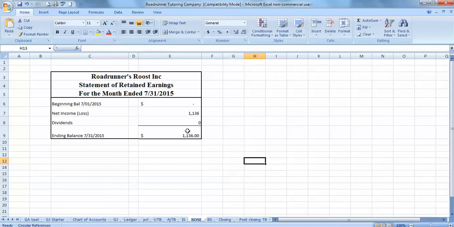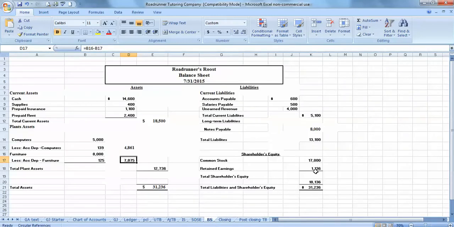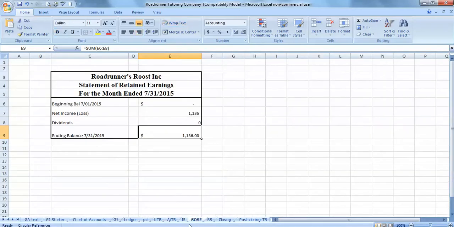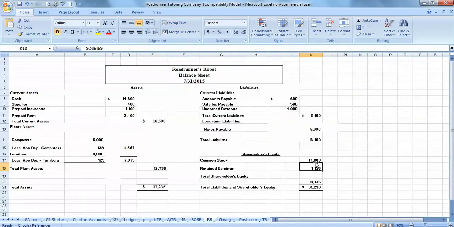So once we've prepared the retained earnings, we've moved the retained earnings over to the shareholders' equity of the balance sheet, which I have said the balance sheet houses permanent accounts. So in a sense, or in the actual situation, retained earnings on the balance sheet is a summary of the income statement, the statement of shareholders' equity. All of this is summarized and moved over to the balance sheet in the retained earnings section.